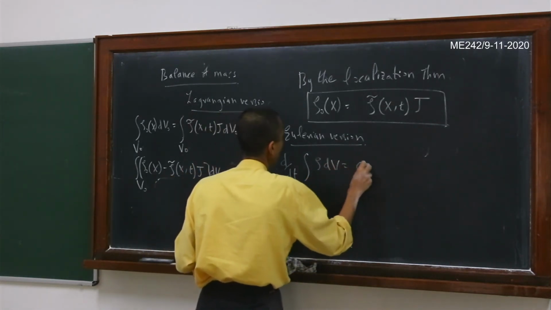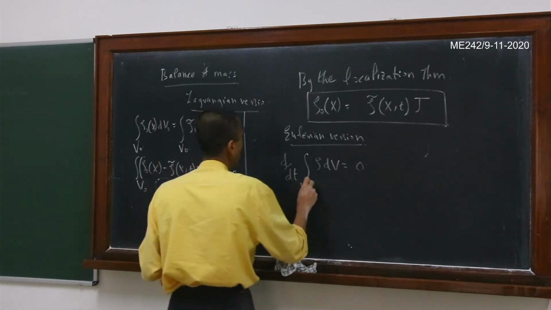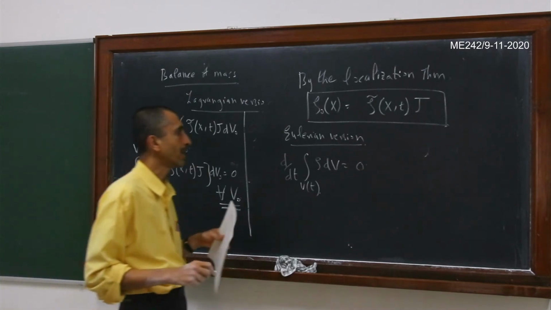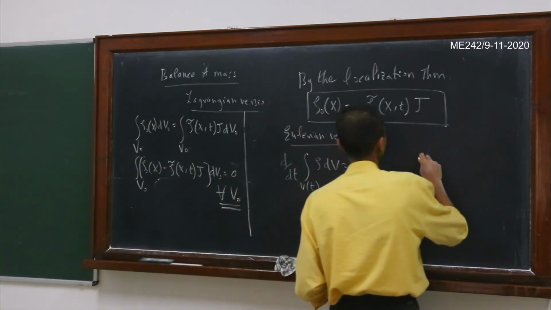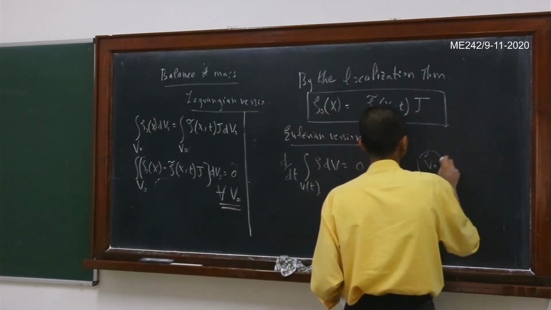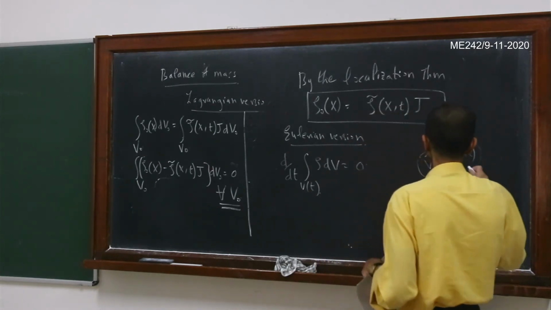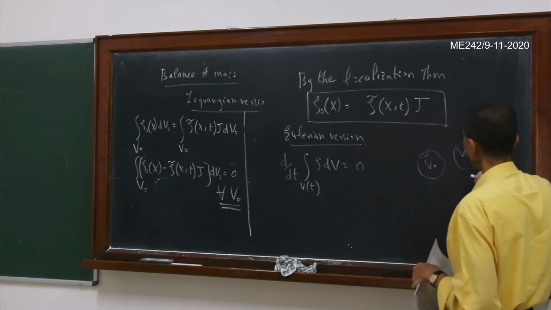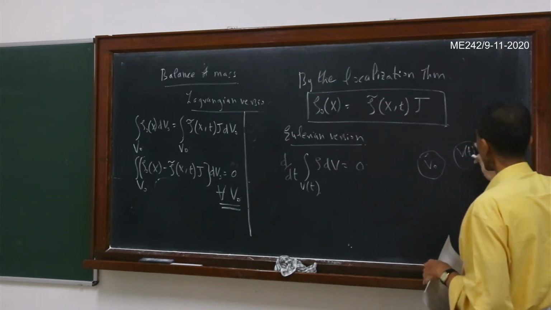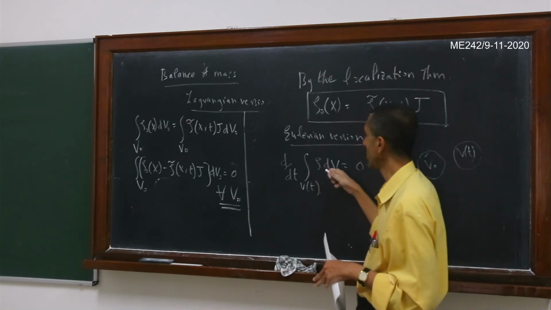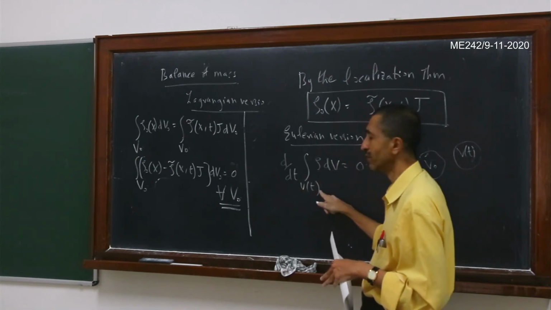So this is the integral of rho dV over V of t, and its rate of change is equal to 0. Already we have seen that this V naught, the material volume, now goes to V of t, right? So rho dV is the total mass that is contained within V of t.